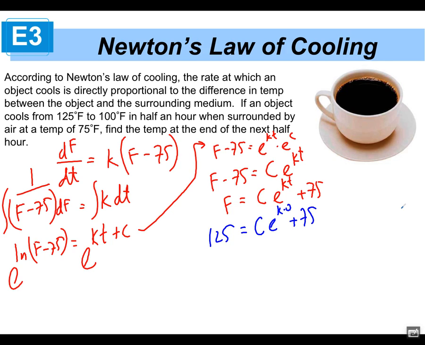So this is 1, and therefore C is 50. So my general equation to start would be F is equal to 50 times e to the kt plus 75.